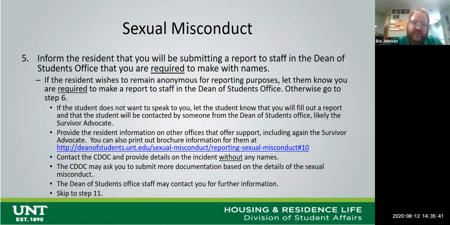The student can say, nope, I don't want to speak to you. Let the student know that you're still going to file a report and that the student will be contacted by somebody from the Dean of Students office, likely the survivor advocate. You all had a session earlier with Esther, so her or one of her GAs or staff are going to reach out.